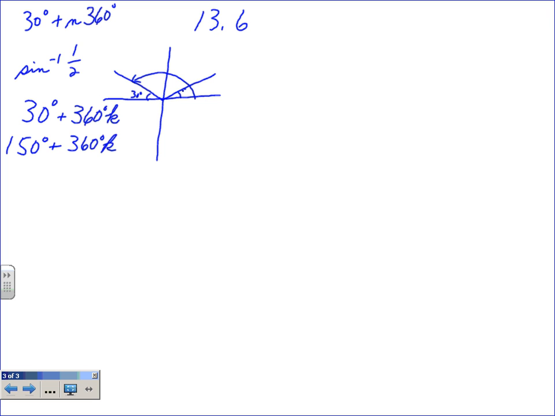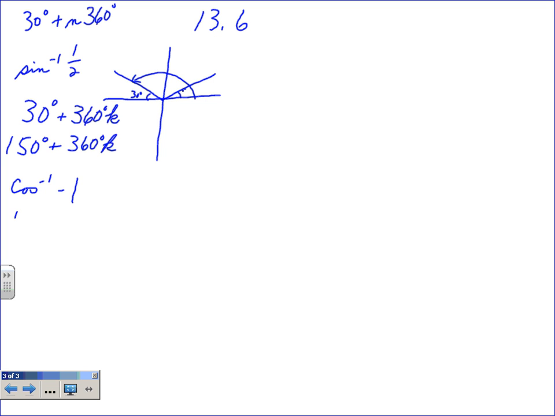Okay? So for these problems, for most of them, you're going to have two answers. For most. What about cosine of 180? Cosine of what angle? Negative 1. There's only one, and that's 180.